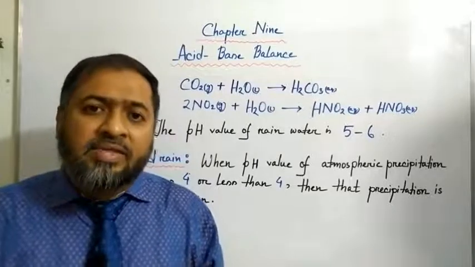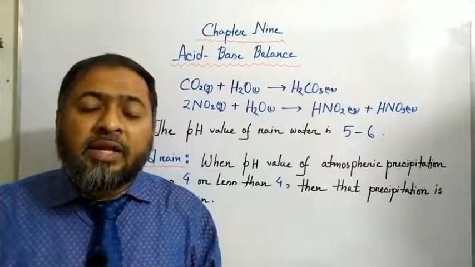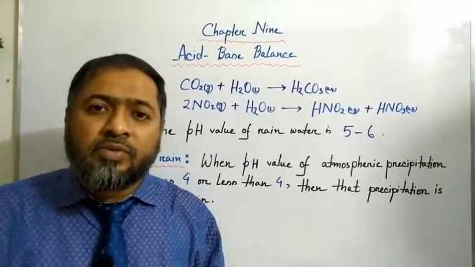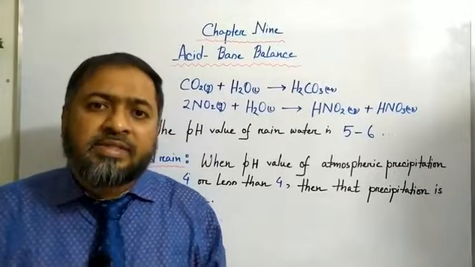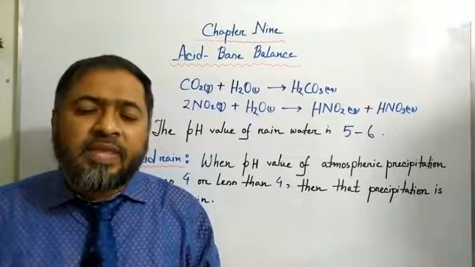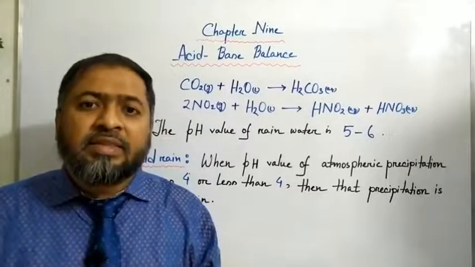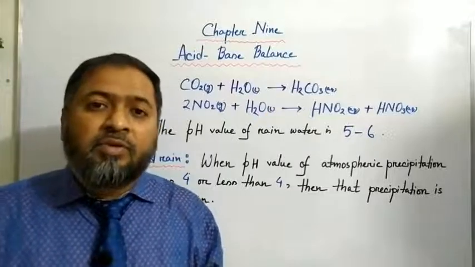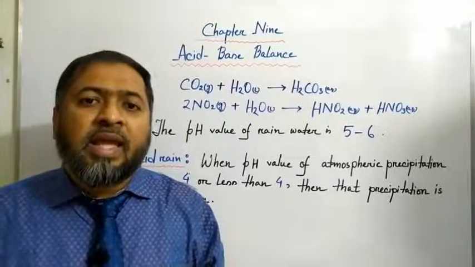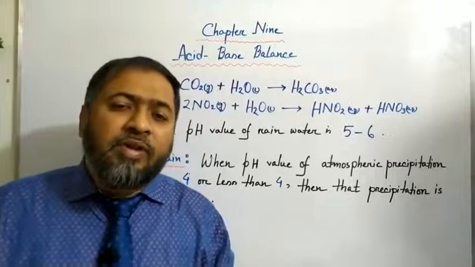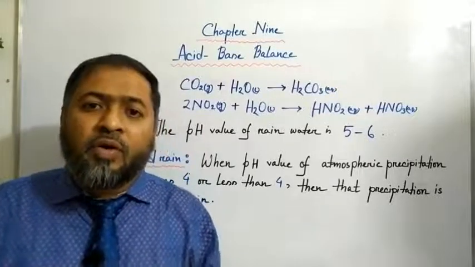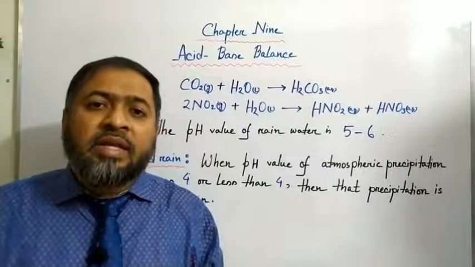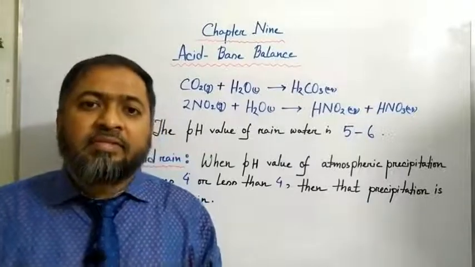The sulfur dioxide and nitric oxide react with atmospheric water and produce sulfuric acid, sulfurous acid and nitric acid that reduce the pH value of rainwater, and the pH value of rainwater becomes 4 or less than 4. That rainwater is known as acid rain.